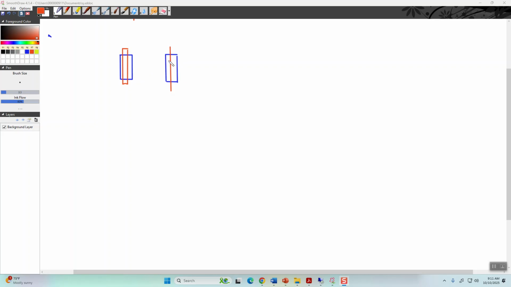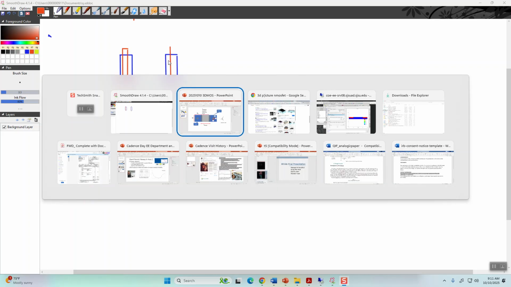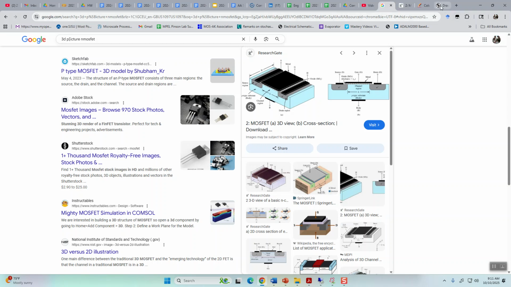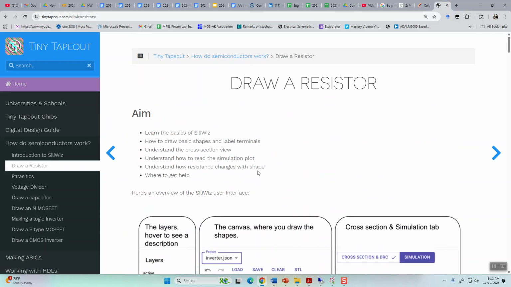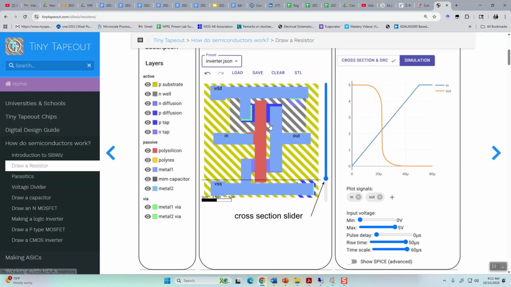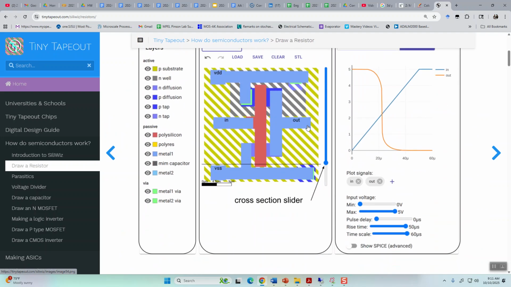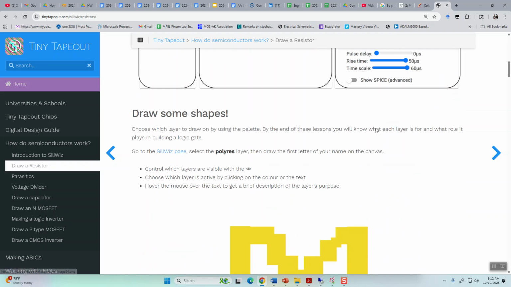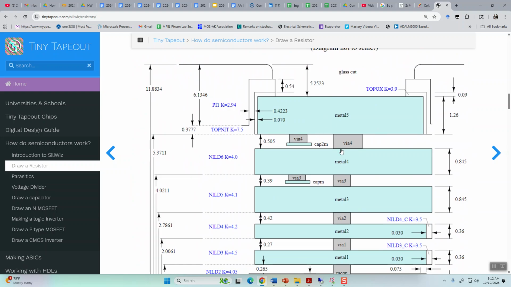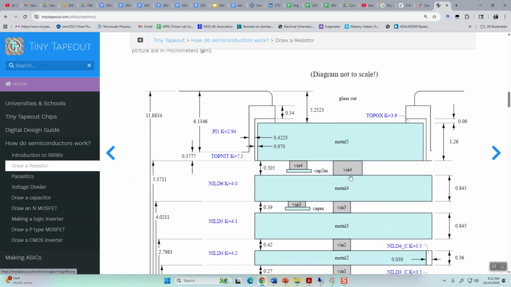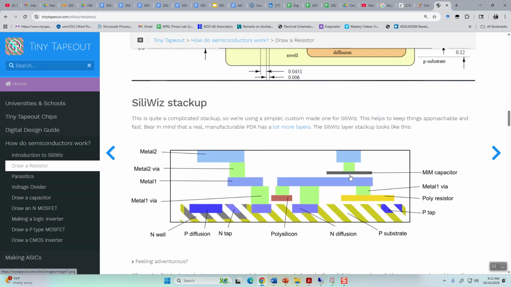Now, just as a quick aside, Tiny Tapeout has this thing called SiliWiz, and it has a drawing tool that converts it to a spice file, which you can cut and paste and put into LTspice and run. And it tells you what the layers are of the Skywater 130, right?